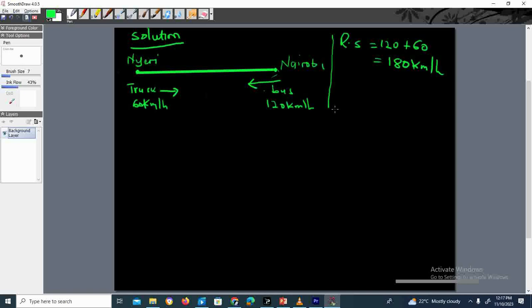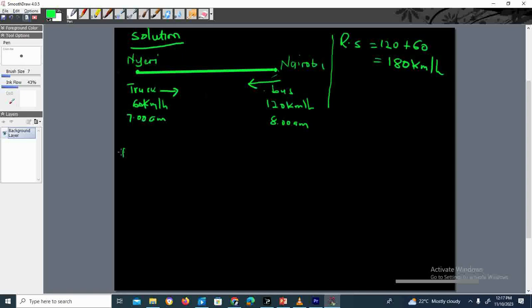We are looking at the point where they met. The truck started exactly at 7 a.m. and the bus started at 8 a.m. So that means the truck was moving for a whole 1 hour before the bus started to move towards Nairobi.